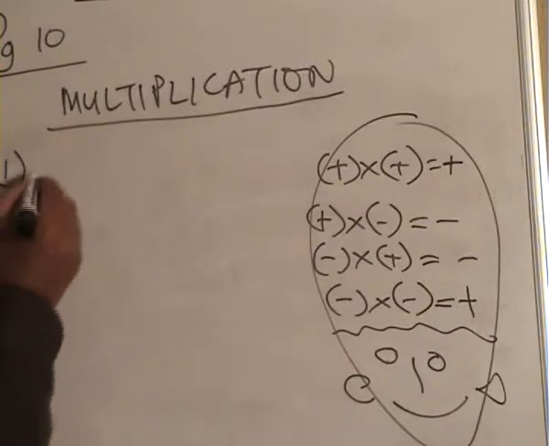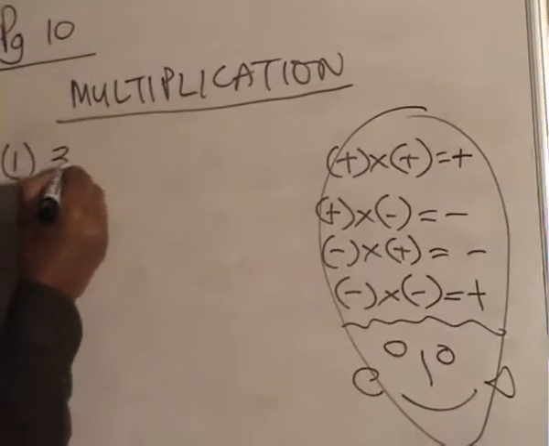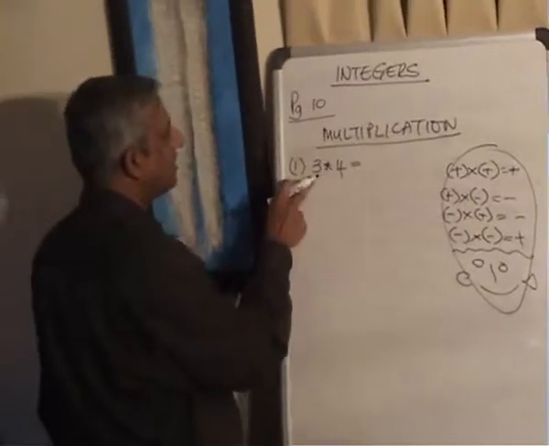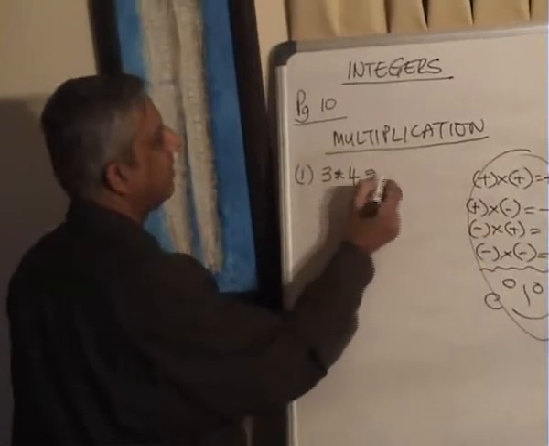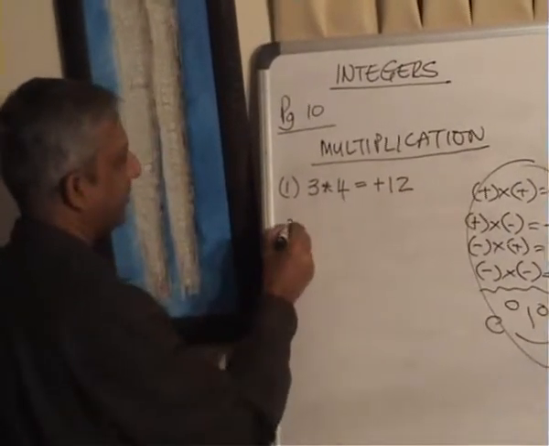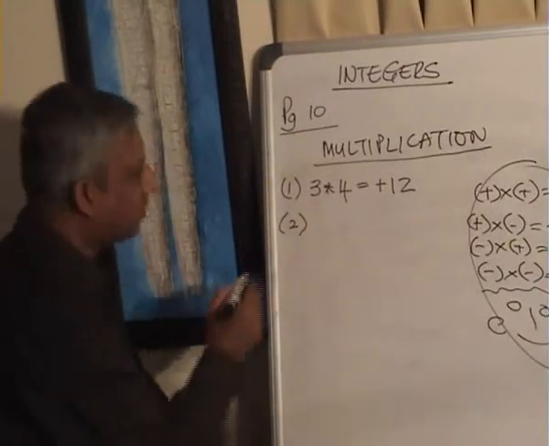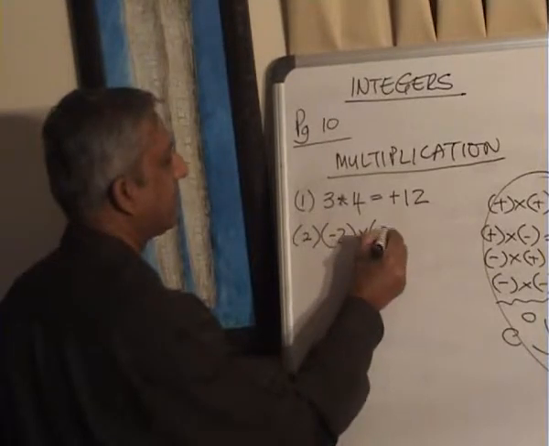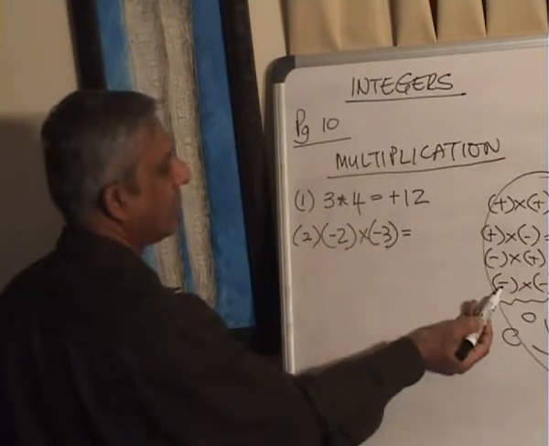So if you take number 1, in your book on page 10, you got 3 asterisk 4. So this is a plus times a plus. Therefore it will be plus 3 fours, 12. If you take example 2, it is minus 2 times minus 3. So this rule applies.